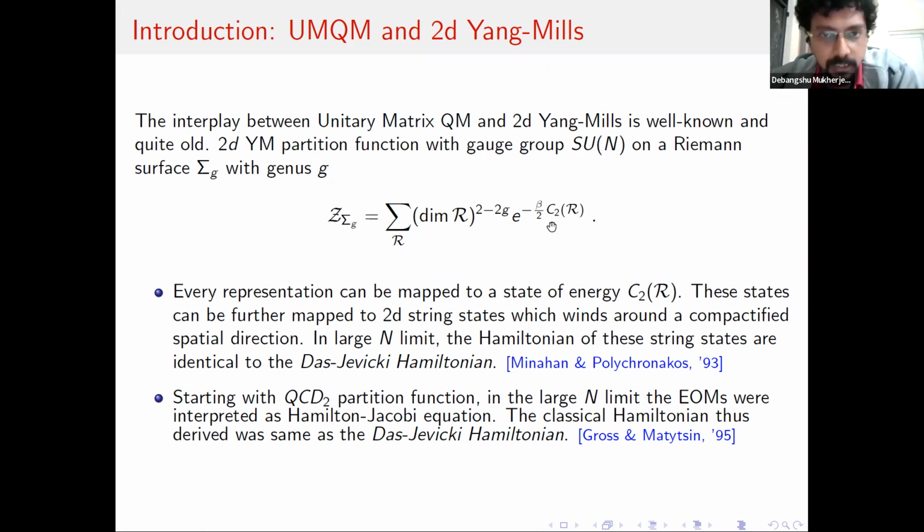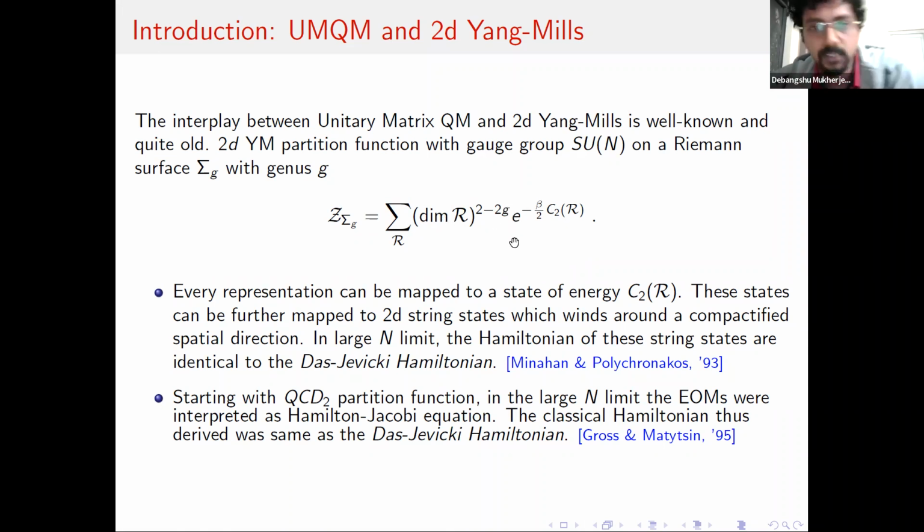Now, the expression that you see here is a 2D angles partition function with a gauge group SU(N) defined on a Riemann surface sigma g with genus G. Here, R is written as a sum over representations, and dimension R is the dimension of the representation.